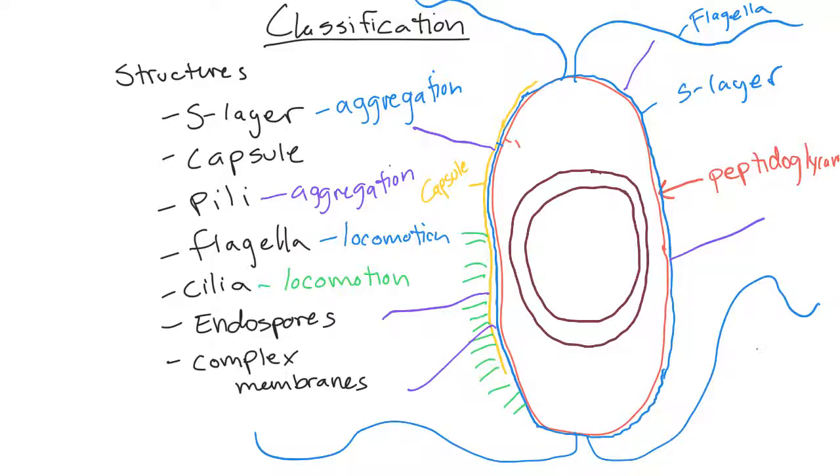And all of the cytoplasm would be reduced, and it would form then this endospore, which is better able to withstand conditions which aren't ideal for its growth. So if it's too cold or too hot.